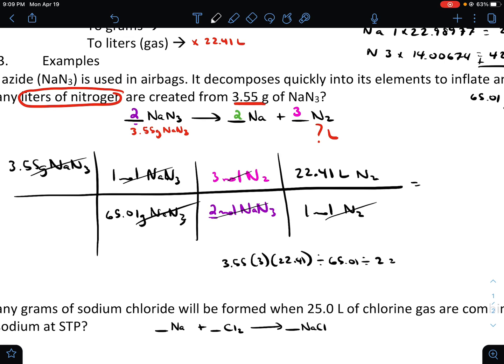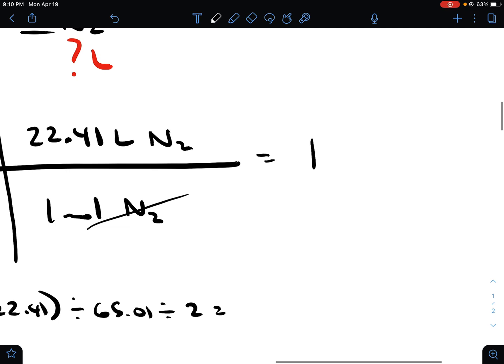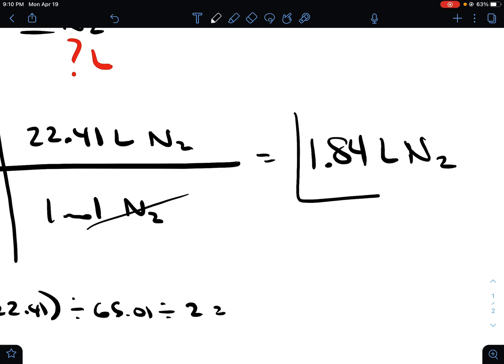Divide that by 65.01. Divide that by 2. And we should get 1.84 liters.